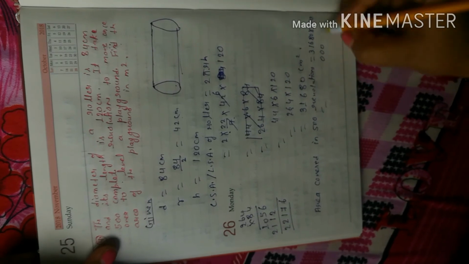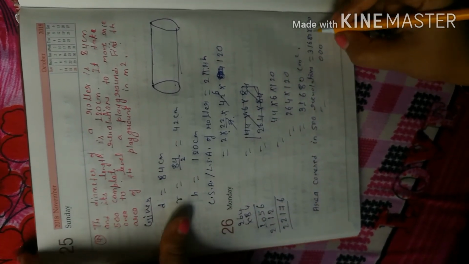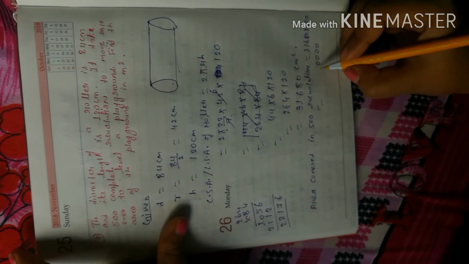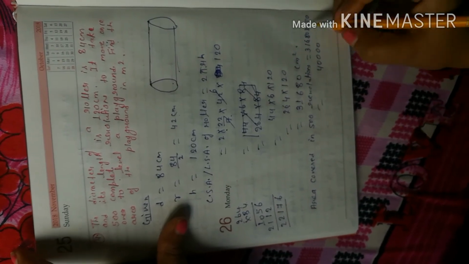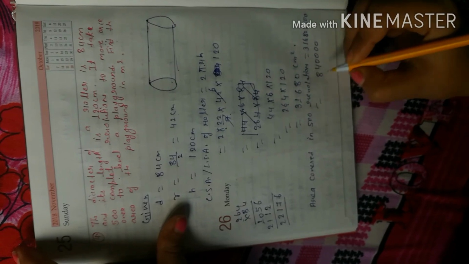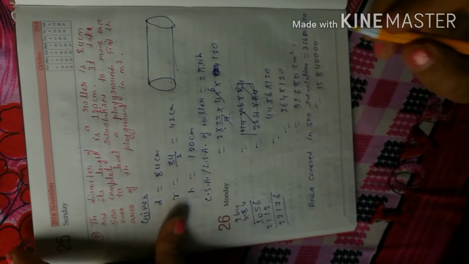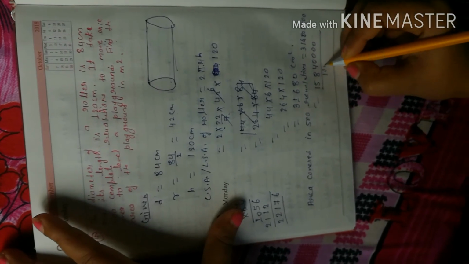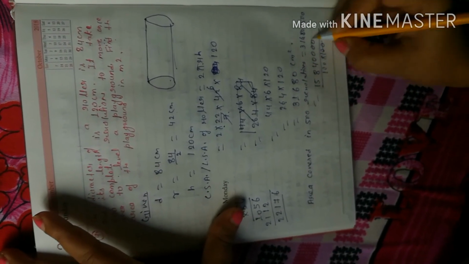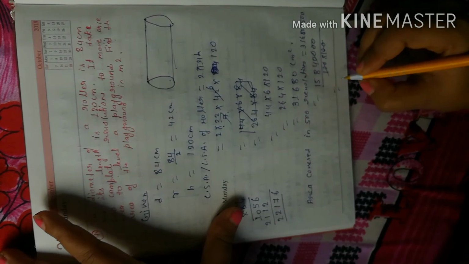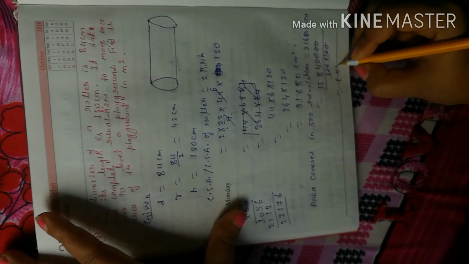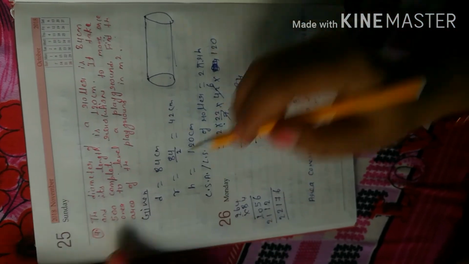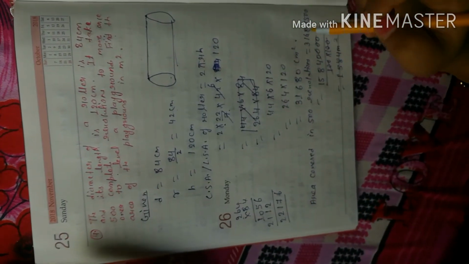We will put at first 3 zeros, then 5 8 5 ja 40, 4 carry. 6 5 ja 30 and 4 34, 3 carry. 8 and 5 3 ja 15. Now the question is asking the answer in meter square, so we will divide it by 100 into 100. So our answer will be 1584 meter square. In this way we have completed our question number 4 also.